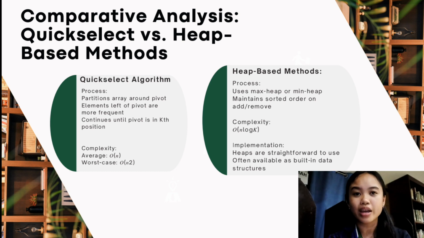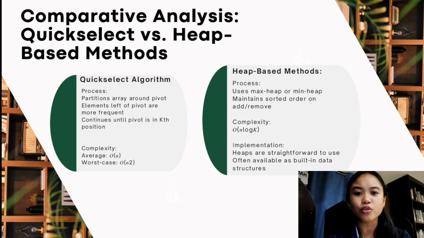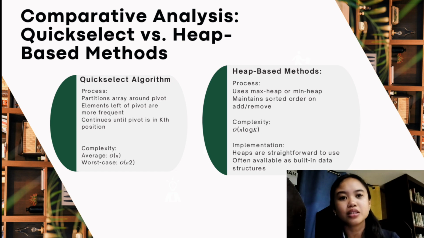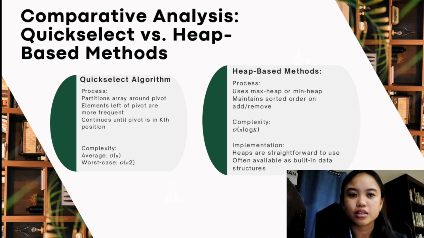Heap-based methods provide consistent performance with O(n log k) complexity, making them reliable for large data handling. Implementation. Heaps are simpler to implement using built-in libraries, while QuickSelect can be more complex due to its partitioning logic.